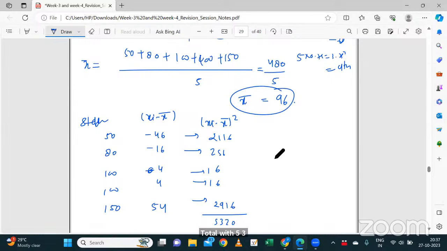So standard deviation is the square root of this thing. 5320 divided by 4 gives 1330, and the square root is 36.46. Sir, why are you considering sample standard deviation here?